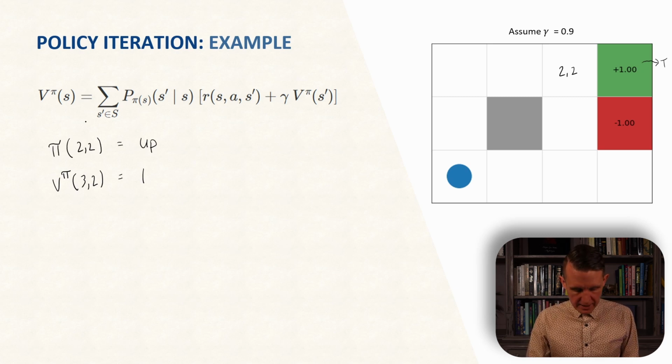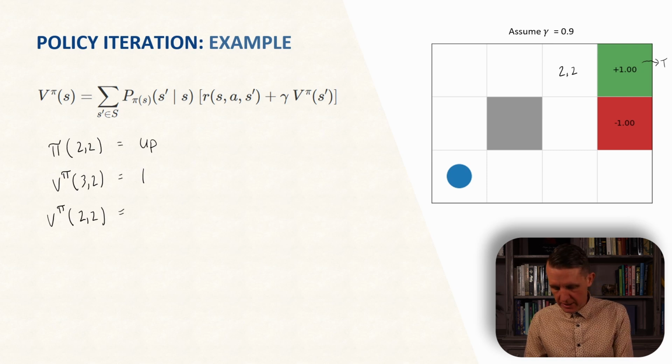So let's look at the update of our value at state 3.2. What we have to do is calculate this state 2.2. It's going to be equal to all the possible states that we will reach if we choose up, which we will know will be, with 0.8 chance, it will bounce back to 0.2 off the wall, with 0.1 go left, with 0.1 go right.